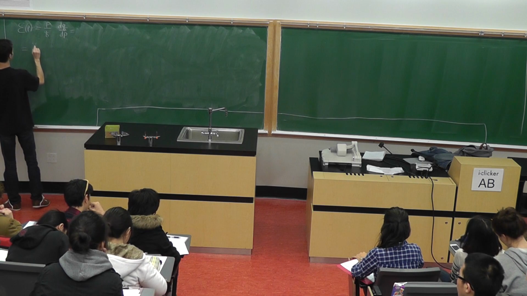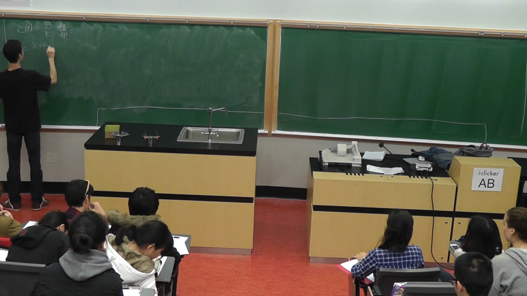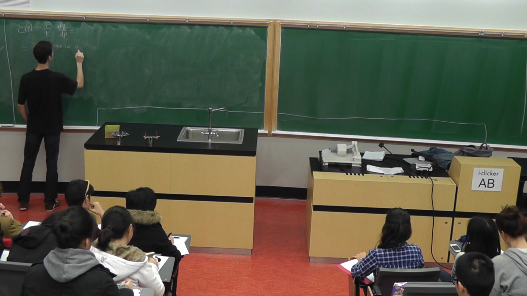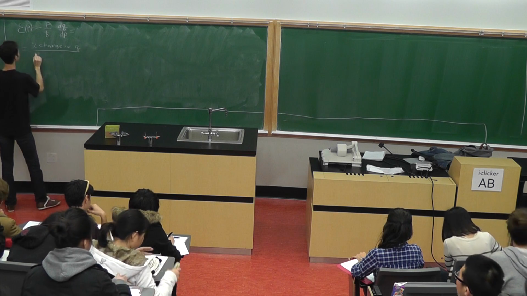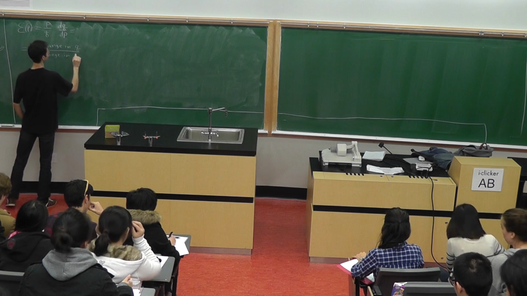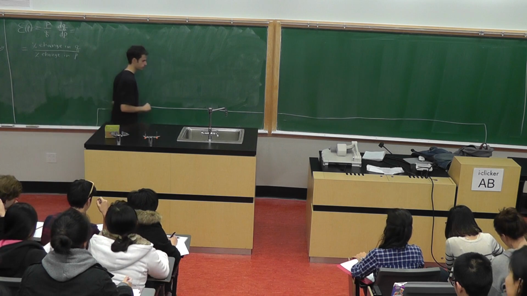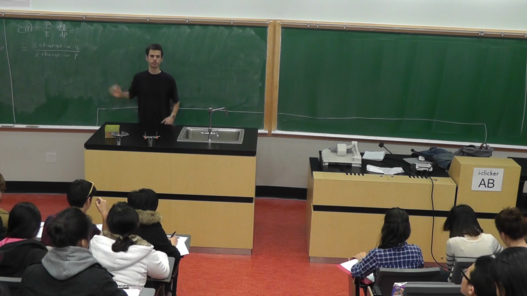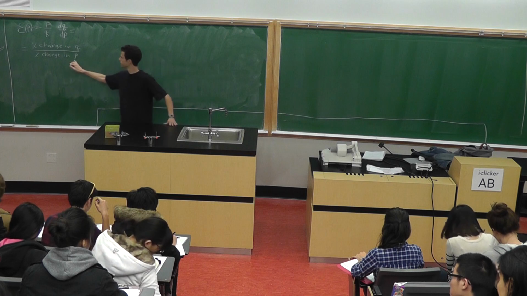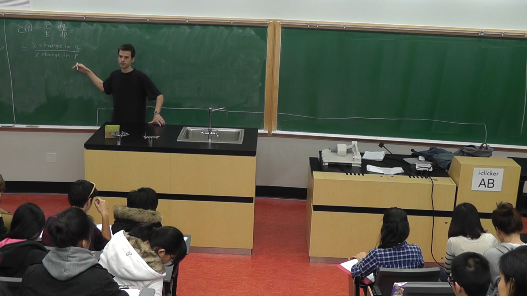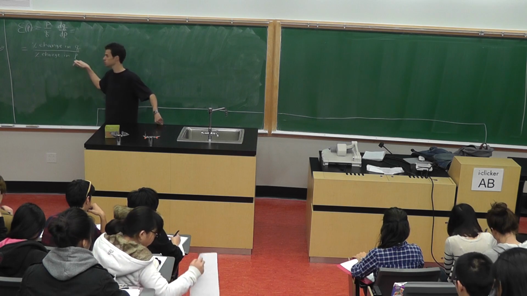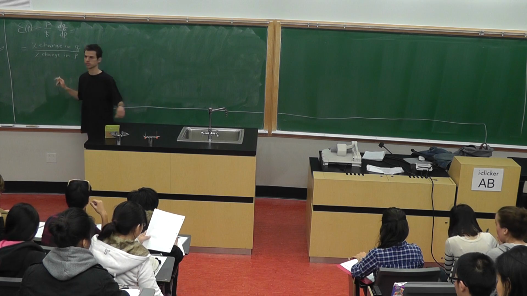It is the percentage change in quantity divided by the percentage change in price. And percentage change means just relative change. Relative to the price level, how much the price changes is the percentage change in price. And similarly for the quantity.